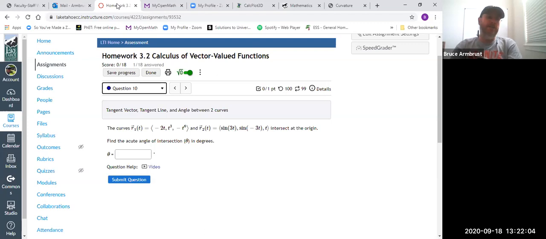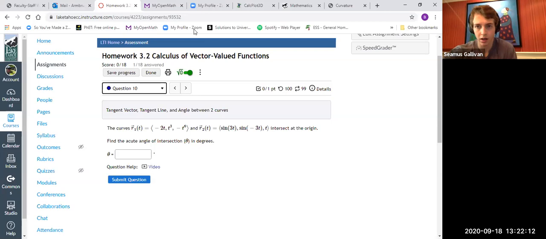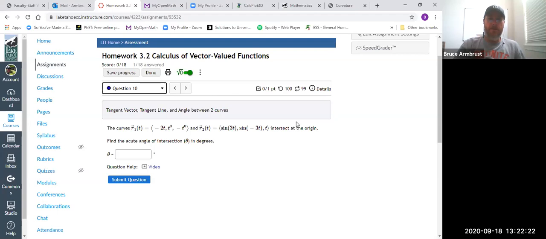So what we need to do is get R prime for both, and then dot those. So we're going to dot just R prime, and not at t equals 0. Nope, we're still going to be at t equals 0, but we need to find R prime first before we plug in 0.